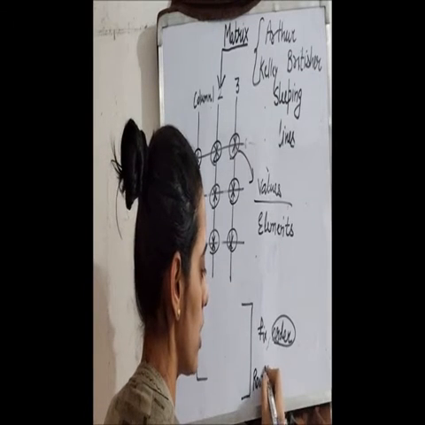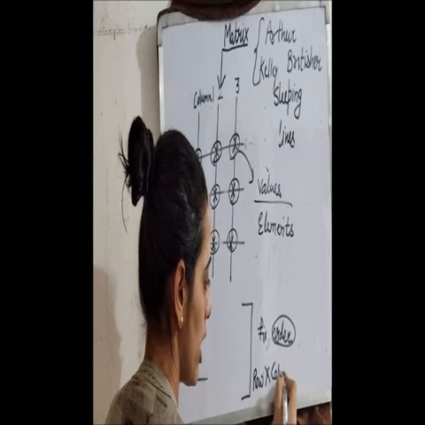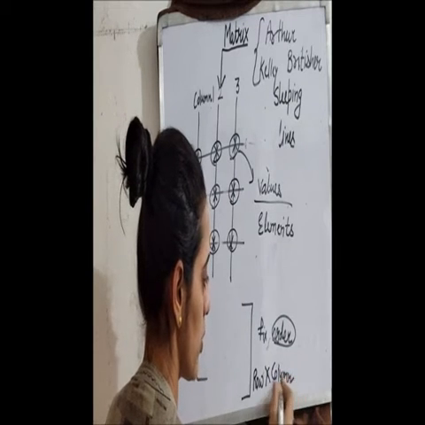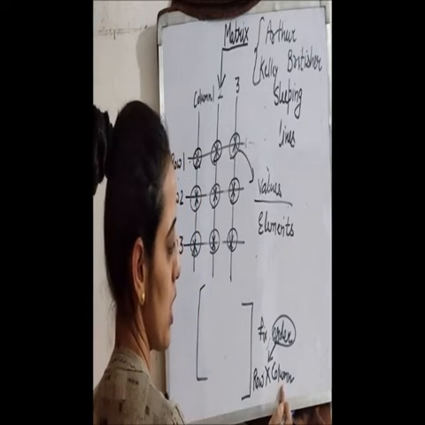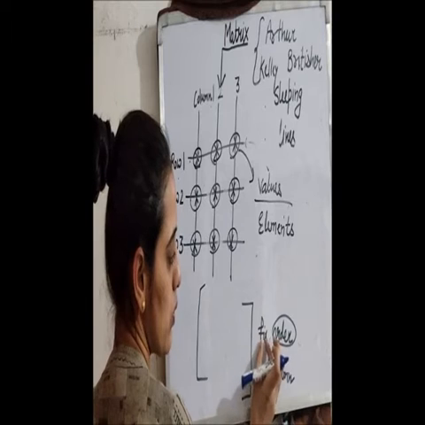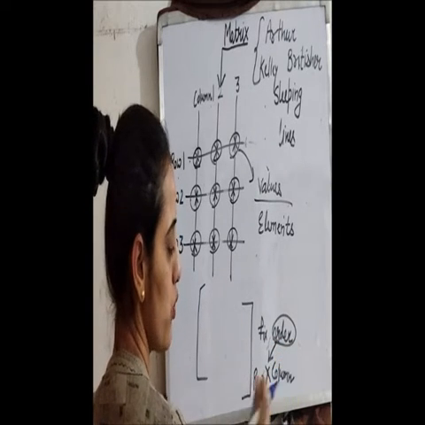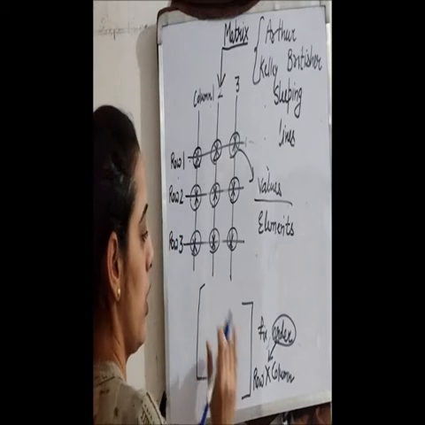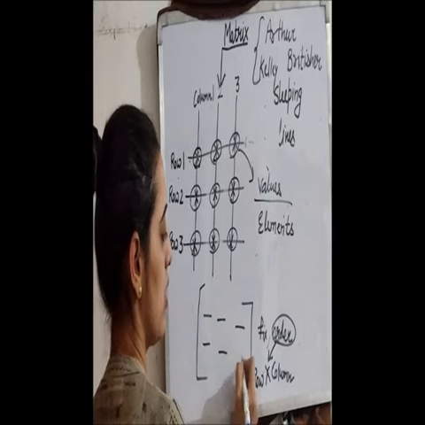Always we write row at first number, and column at second number. This row multiplied by column is a fixed value, and this fixed value, row multiply column, is called order. So we are fixing the order of elements.